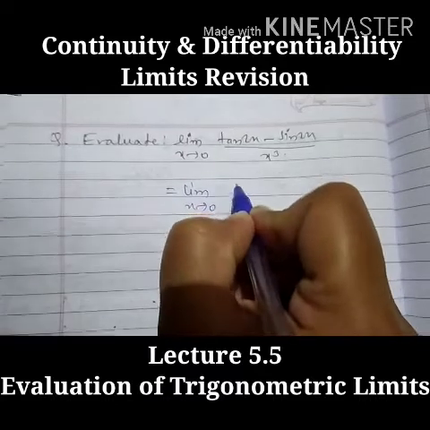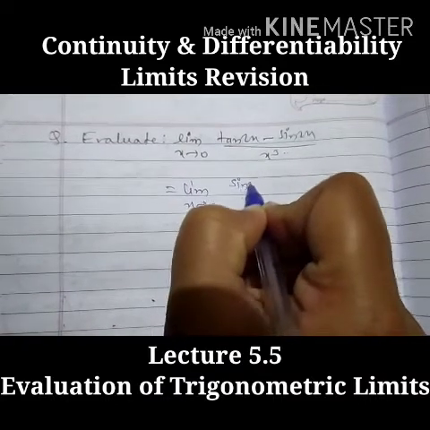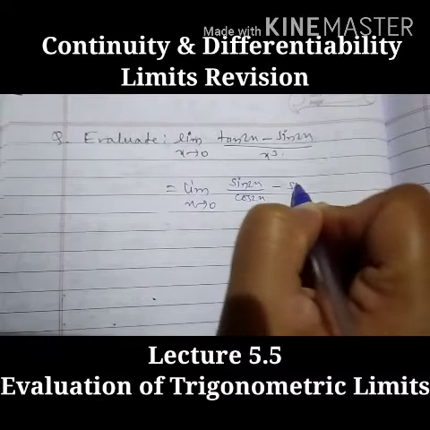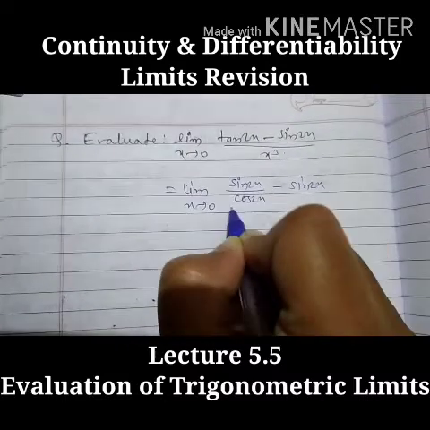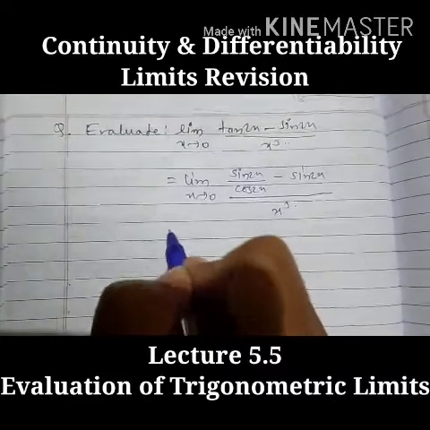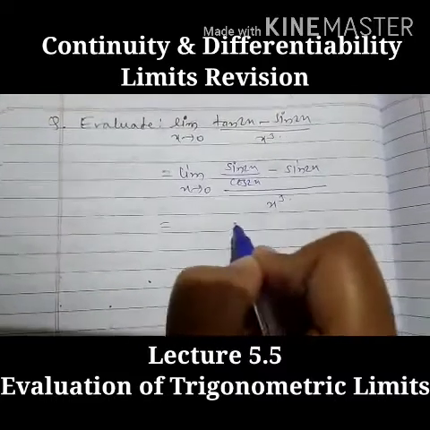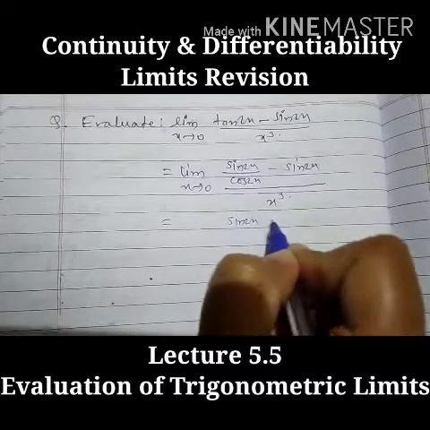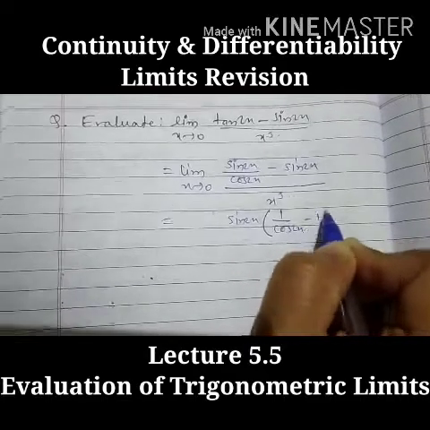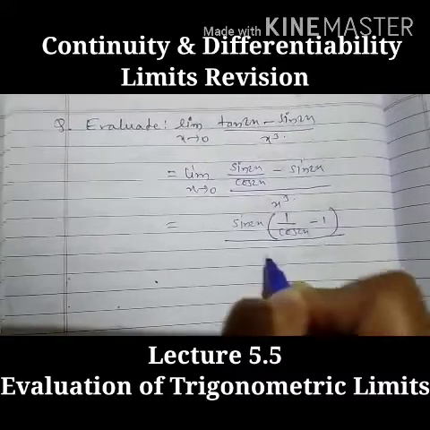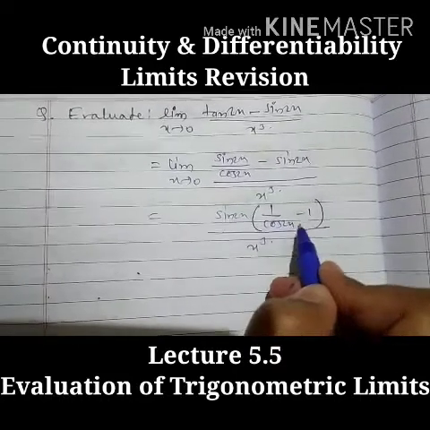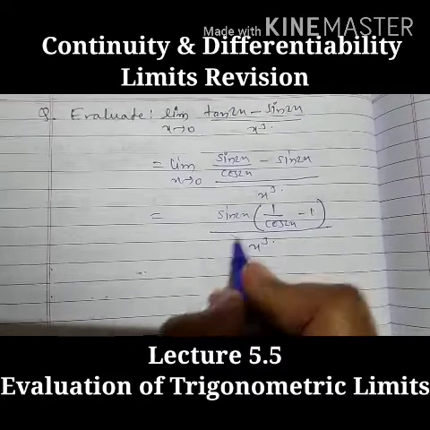We can write tan 2x as sine 2x upon cos 2x, minus sine 2x, whole thing divided by x cube. So we can write this as sine 2x in bracket 1 upon cos 2x minus 1, whole thing divided by x cube. Now if we take the LCM of this, we are getting cos 2x.